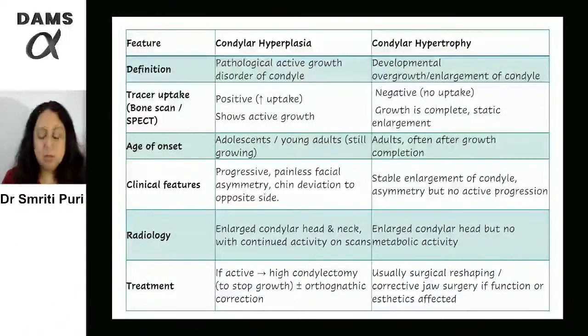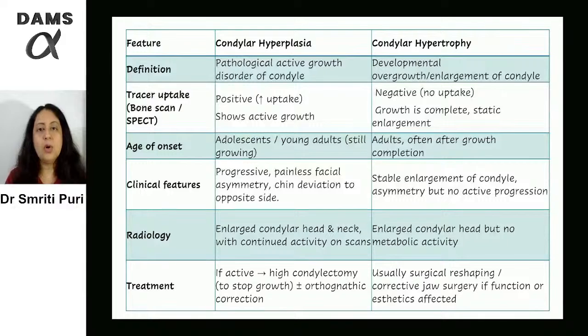Now, apart from this, there are two entities which are confusing: condylar hyperplasia and condylar hypertrophy. This is essentially a postgraduate topic, but I have listed a few points from which you can easily identify in the exam whether it's condylar hyperplasia or condylar hypertrophy.